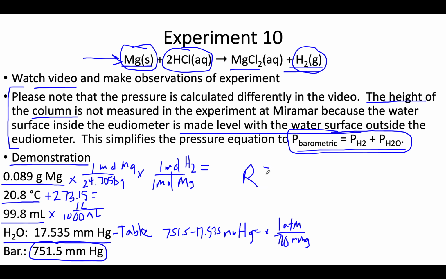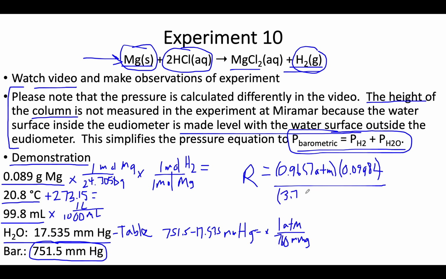So R then, we can see is equal to the pressure, so make the conversion to atmospheres, and that gets you pressure in atmospheres. And we converted our volume divided by 1,000 into liters. So now we have the right units for the numerator, atmospheres, liters, and we look and see what our moles were.